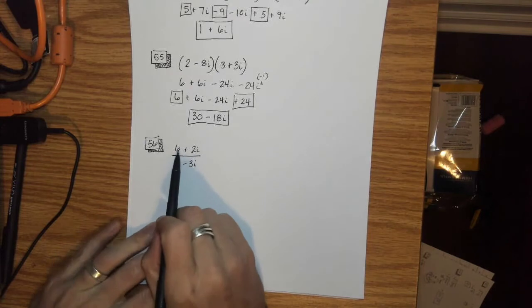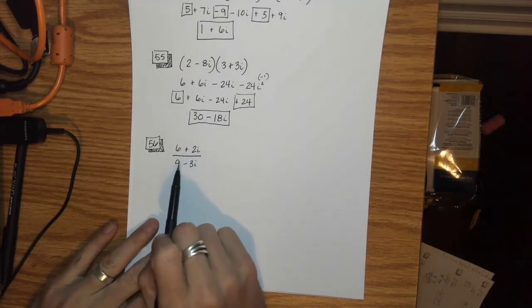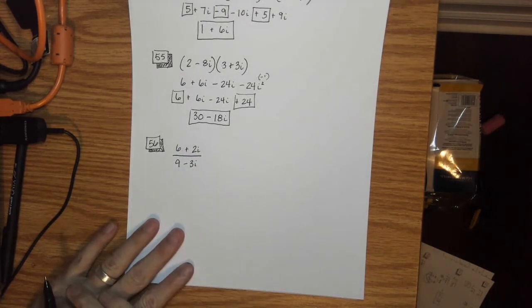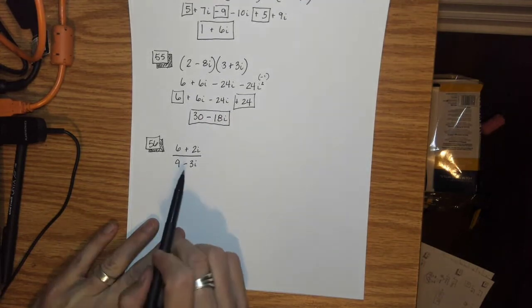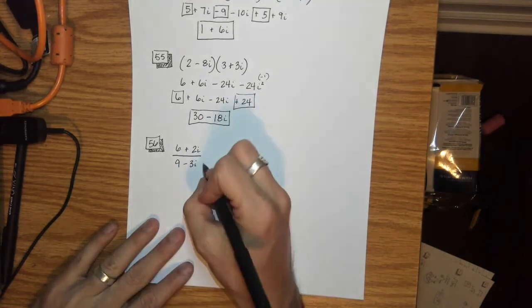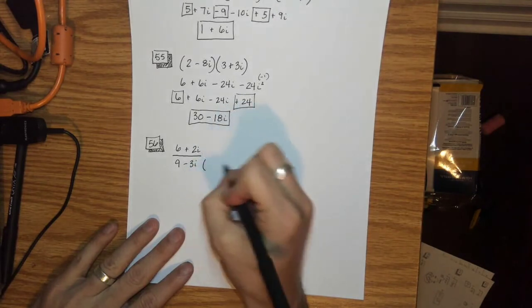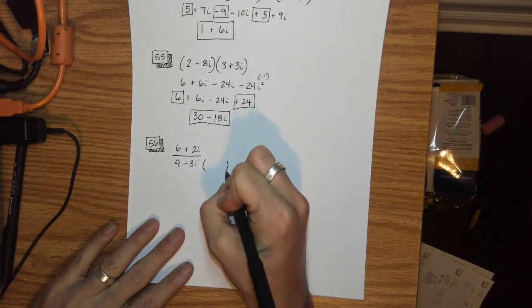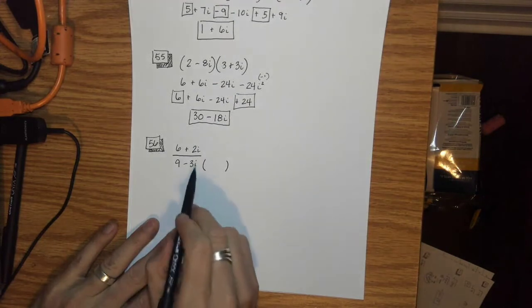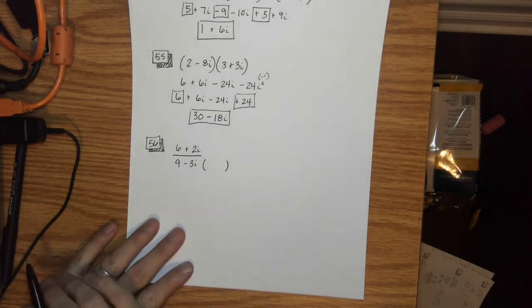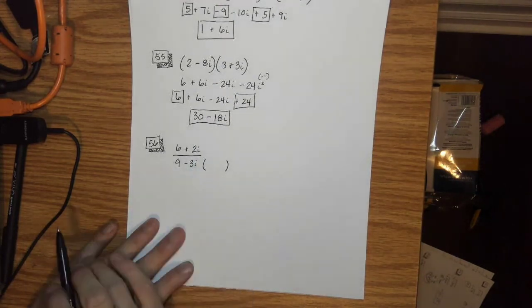Okay, so it gives us this (6 + 2i) over (9 - 3i), and we're supposed to rationalize the denominator. Now we're going to use the principles that we learned in the difference of squares to achieve this and make sure that we don't have a square root in our denominator, which is what that i is.